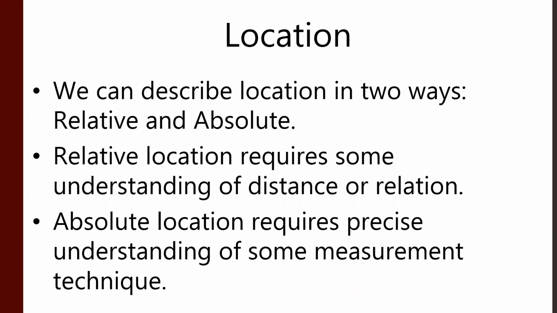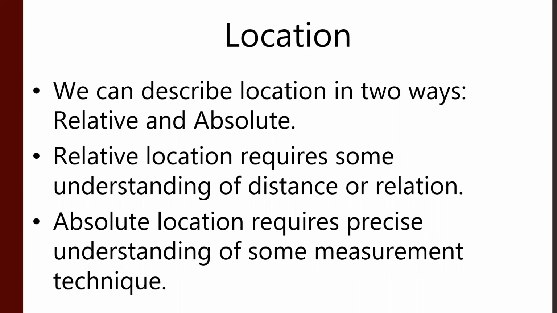We can represent or describe location functionally in two ways: relative location and absolute location. Relative location requires us to have some understanding of relationship, of distance, of comparison. Relative location is all about comparing thing X to thing Y. Again, it's those basic terminologies that we've learned in primary school or elementary school or kindergarten.